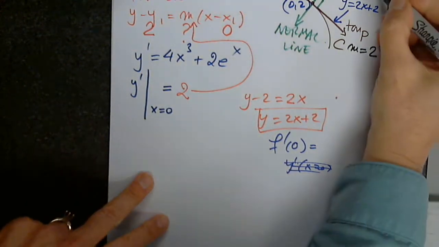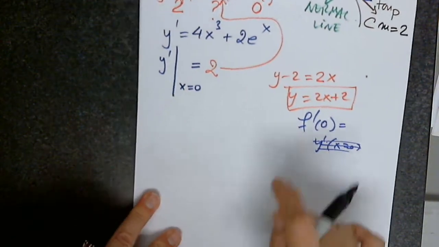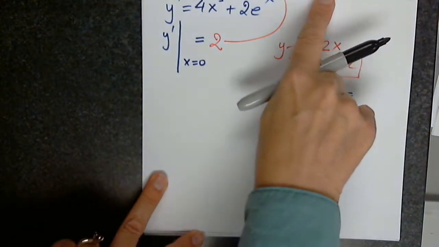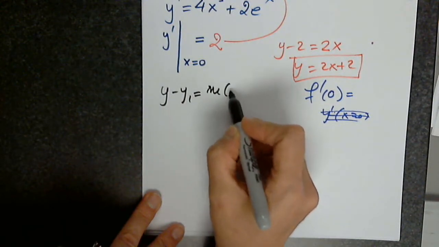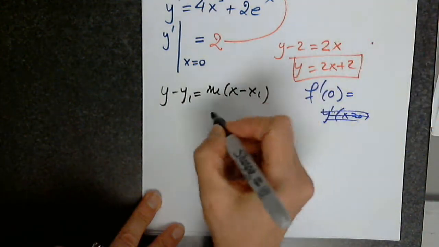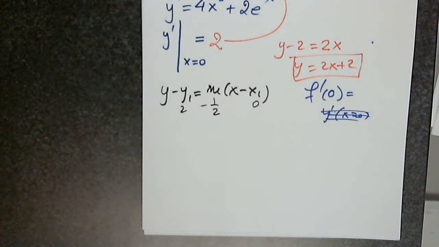Well done. Negative 1/2, indeed. So the equation of the normal line, the green line, will be y minus y1 equals the slope times x minus x1, where the slope is negative 1/2 and the point is still the same because both go through P. It's just that the slope is different.